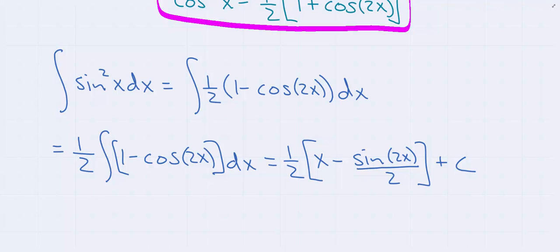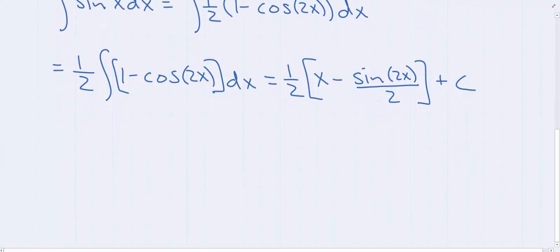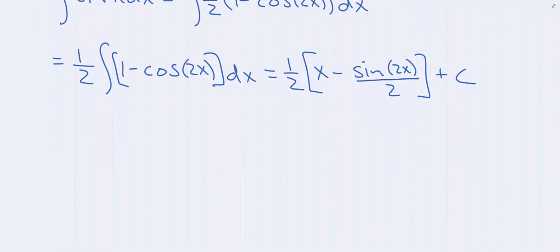This is how we approach integration when we've got just sine raised to some power, or the same approach could be taken with cosine raised to some power. Sometimes you have these raised to some even power. Now, let's suppose that we have sine squared x cosine squared x.